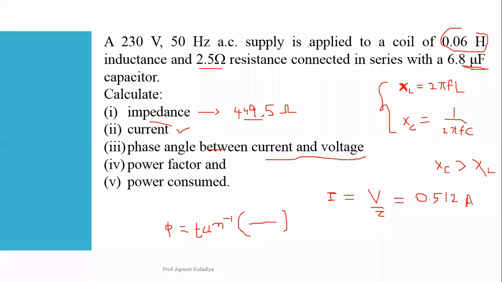XL by R minus XC is not correct. XC minus XL upon R from Vishwajit, XL by R from Prithviraj, R into XC from Abhi.